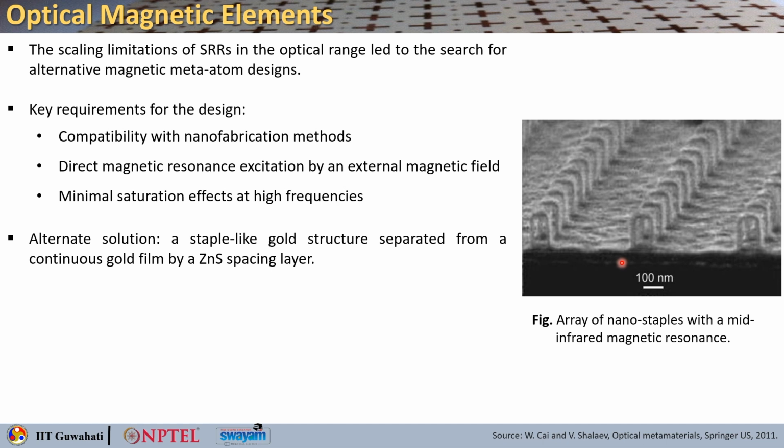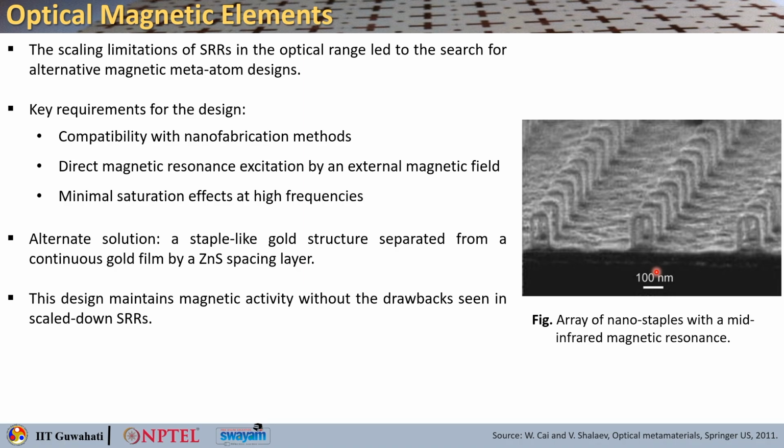These staples will interact directly with the incident magnetic field and can give you a stronger magnetic response. Here is an array of nanostaples with mid infrared magnetic response, and this is the length scale that shows you the dimension of the nanostaples.